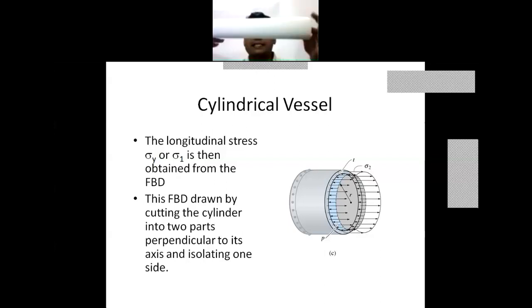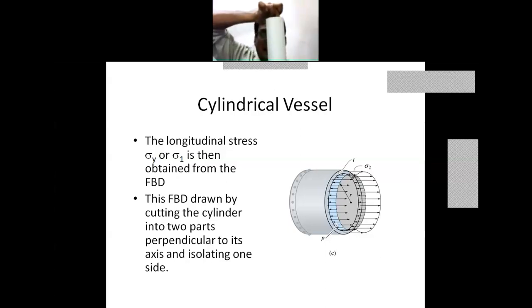I have pulled it like this, and that is nothing but your longitudinal stresses, or you can pull like this also, longitudinal stresses around its axis or parallel to its axis. The stresses develop parallel to its axis. The longitudinal stress sigma y or sigma 1 is then obtained from the free body diagram. That is what is shown in the figure.